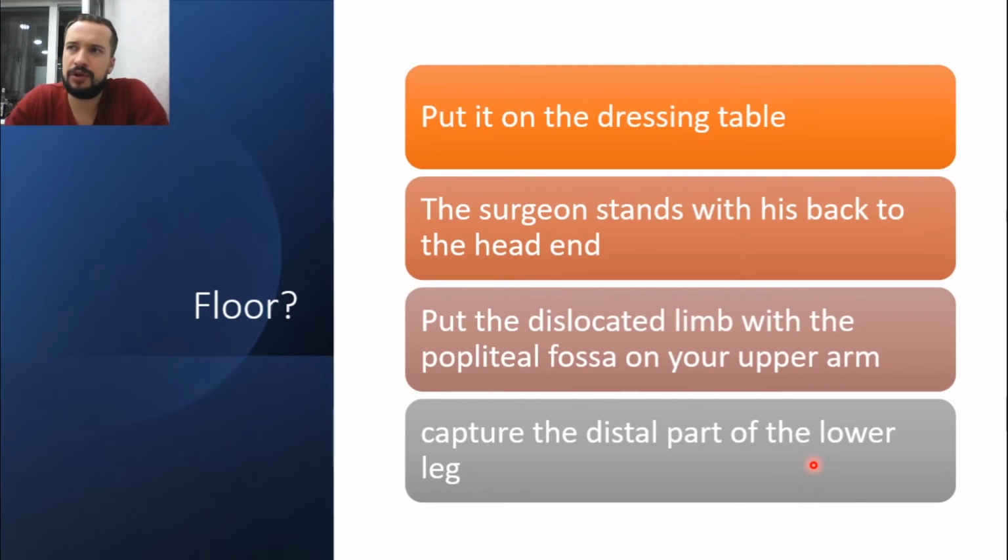It's not normal that the patient lies down on the floor, and we can use, for example, a dressing table, bandage table, at the level of the damaged hip joint with his back to the bed. The patient lies down on the bed. He places the dislocated limb with the popliteal fossa on the upper arm.